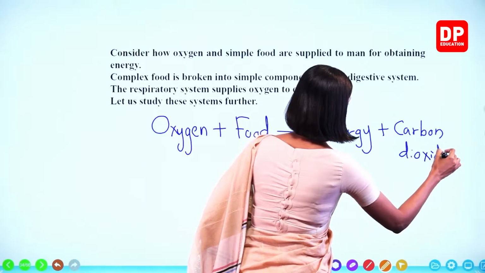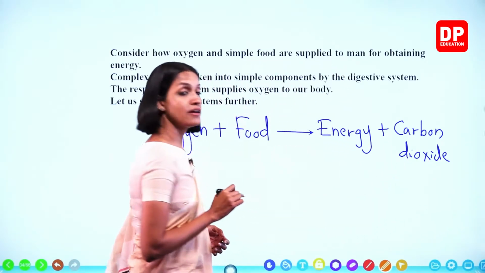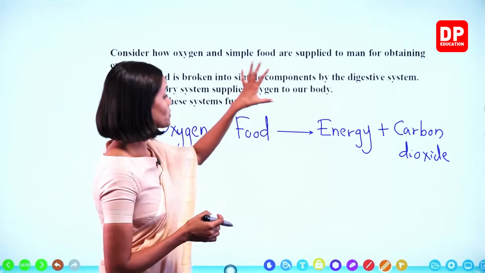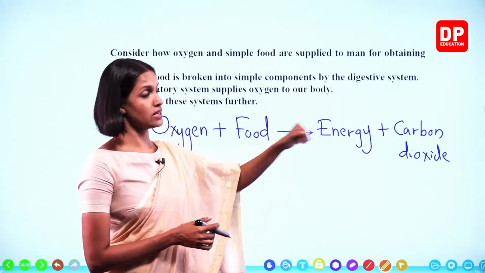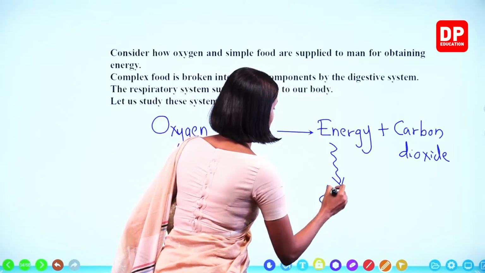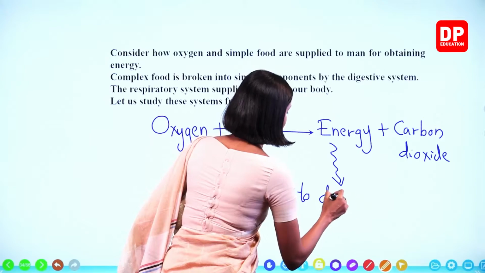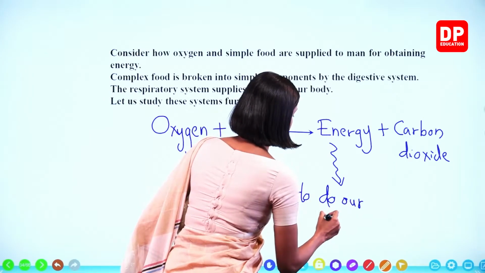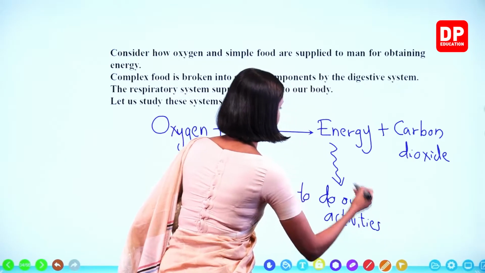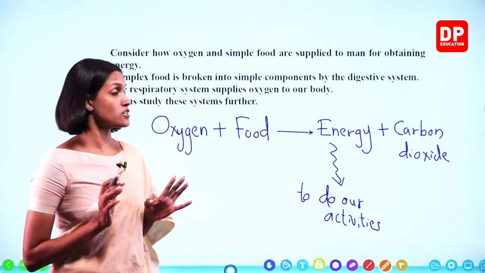Okay, children. Oxygen reacts with food and gives out energy and carbon dioxide. Now this energy is used to do our activities.